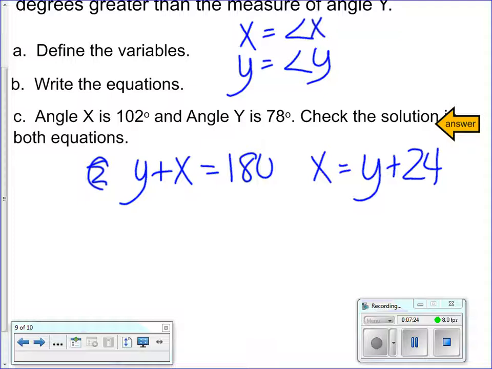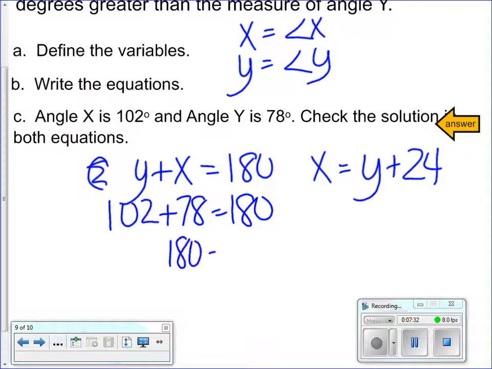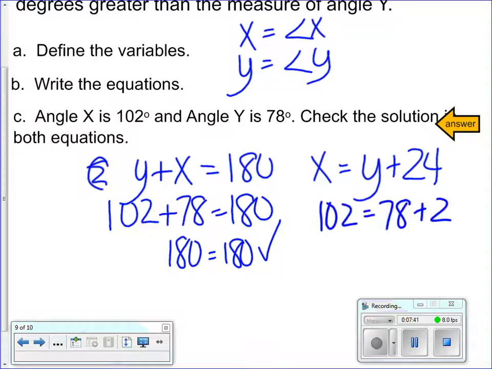So plug them in. 102 plus 78 equals 180. 180 equals 180. Check. 102 is equal to 78 plus 24. 102 equals 102. Check.